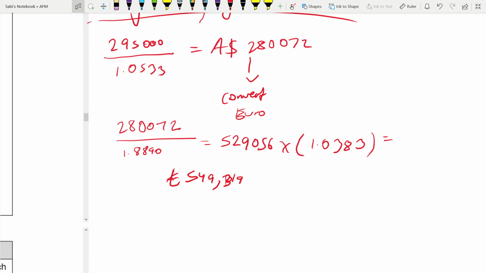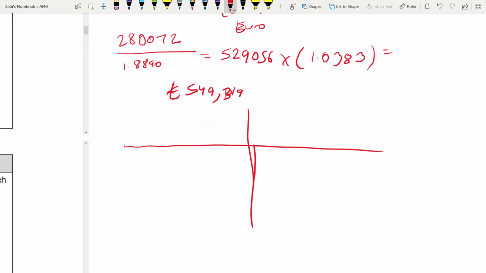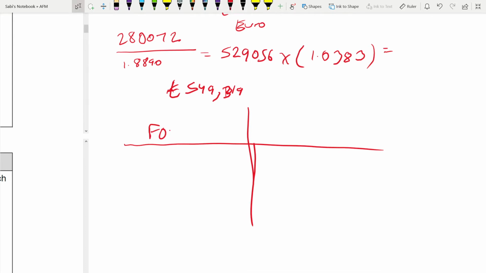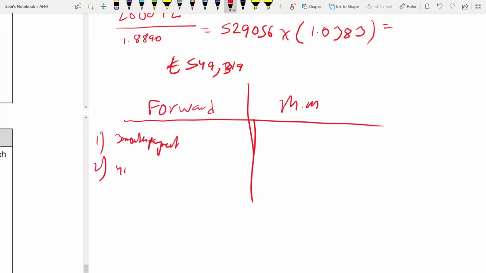In this case, you can put a summary like this, a table. Forward, money market. 3 month payment, 4 month receipt.